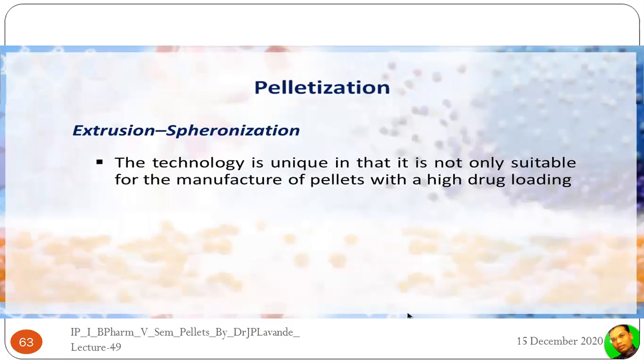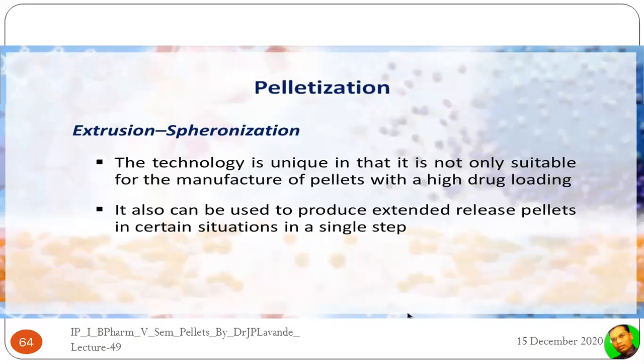Now, extrusion or spheronization is nothing but the technique in which we allow the mass to pass. Now, the mass is nothing but the mixture for these pellets, right? So the technology is unique in that it is not only suitable for the manufacture of pellets with high drug loading, it can also be used to produce extended release pellets in certain situations in a single step.